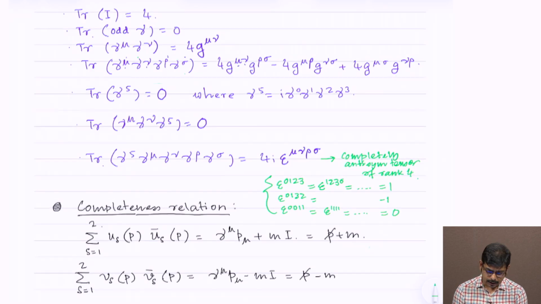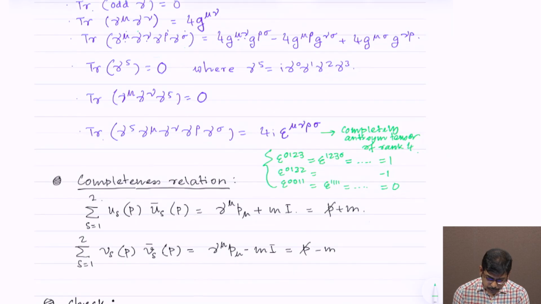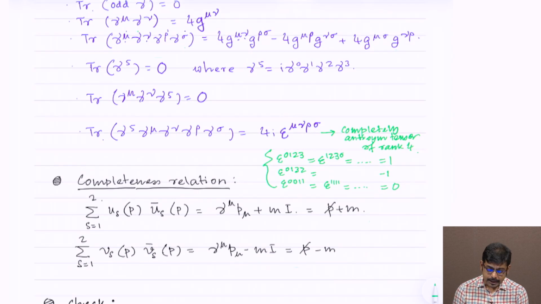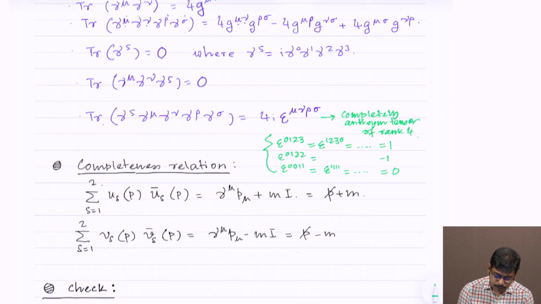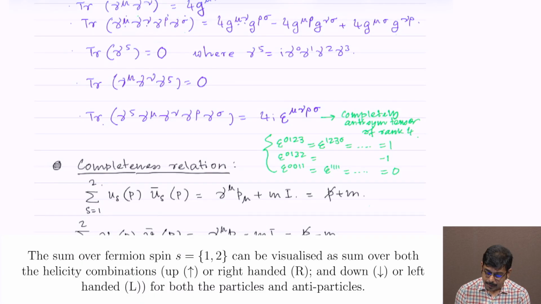There is another relation that we are going to use, which is the completeness relation of the Dirac spinors. The sum over s equal to 1 to 2 of u_s(p) u-bar_s(p) is given by gamma mu p mu plus m I, where these are all 4 by 4 matrices and I is a 4 by 4 identity matrix.